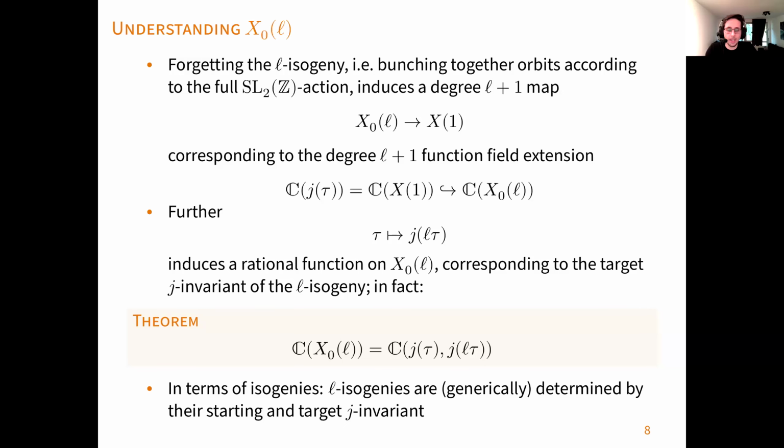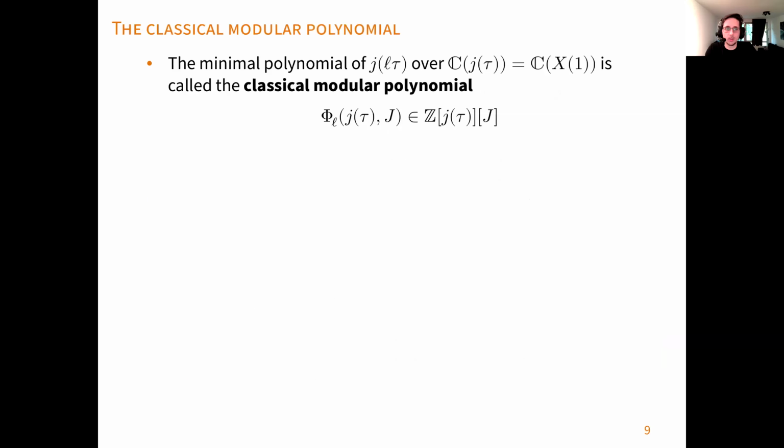So now we can define the classical modular polynomial. And this is relatively easy to define now. We just take the minimal polynomial of j L tau over the function field generated by j tau, which is just the function field of the curve X1. And this is the so-called classical modular polynomial.